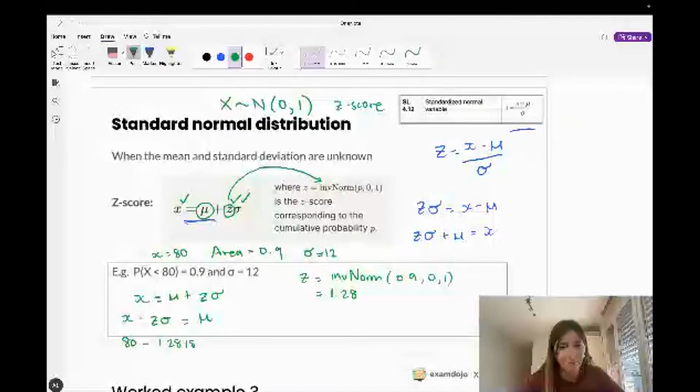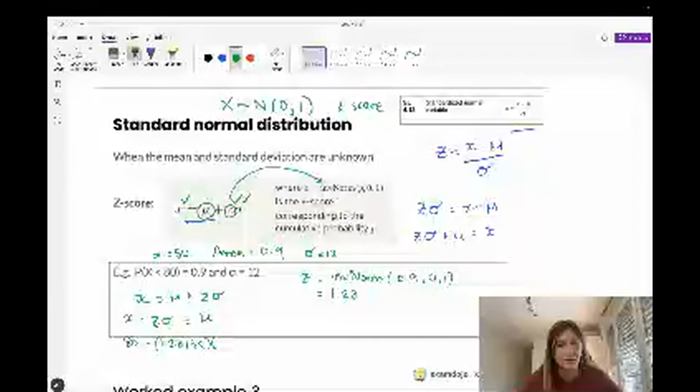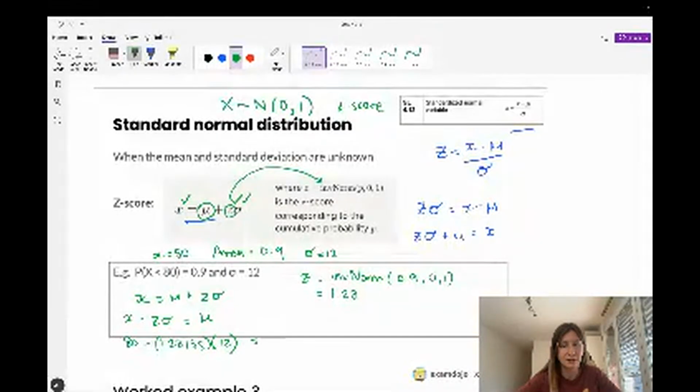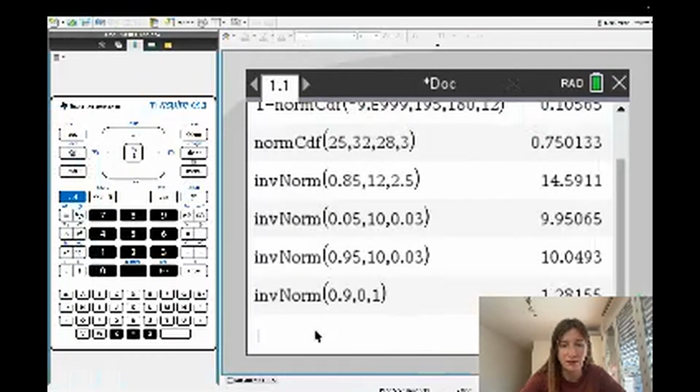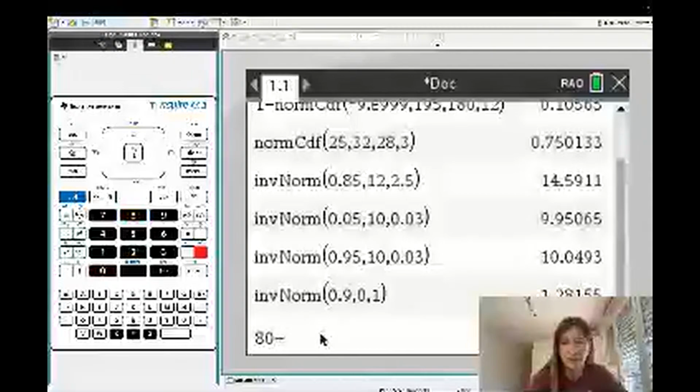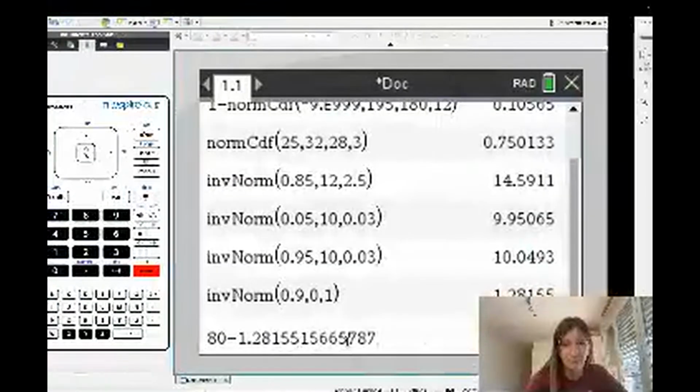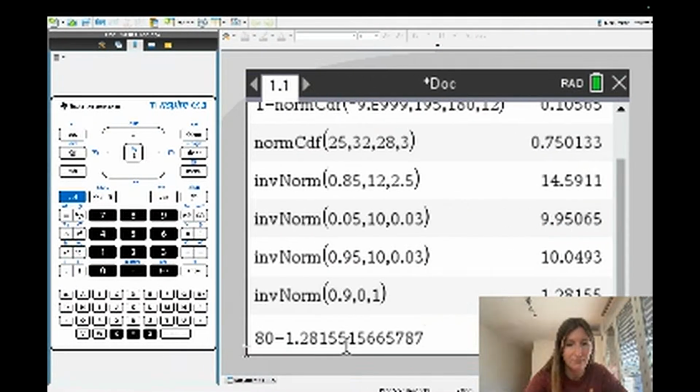When we're calculating, we don't want to round too early. Times 12, which was the standard deviation. And that gave us our average, our mean. So let's put that into the calculator. 80 minus, and I'm going to take that value again. Whoa, look at that. See, we don't want to round too early. Times 12.